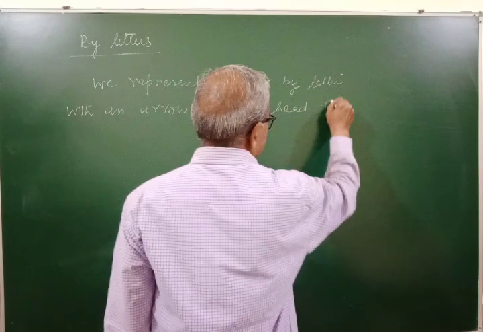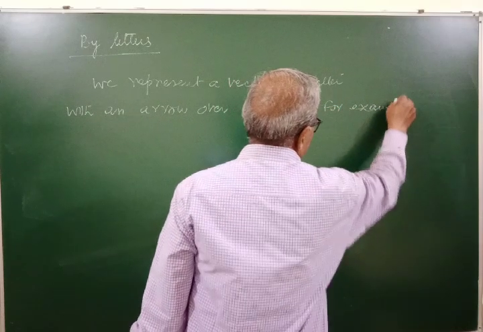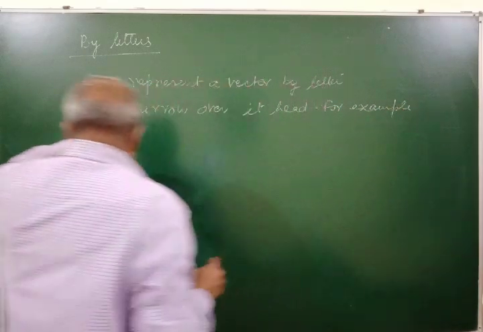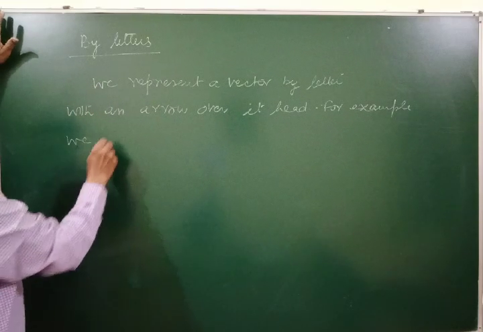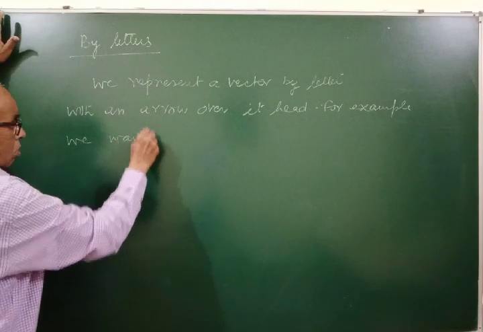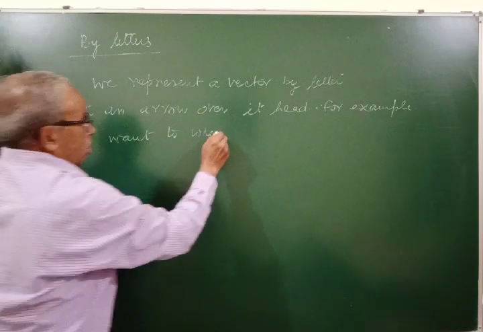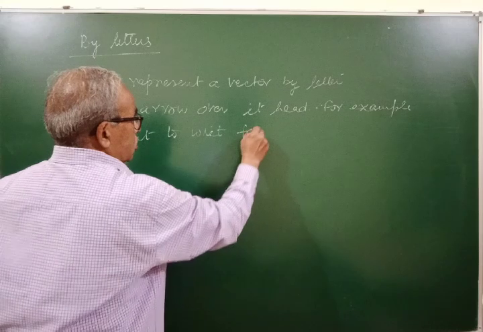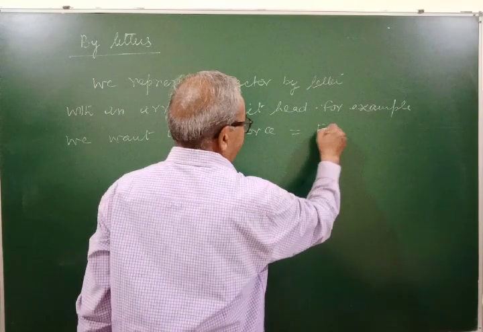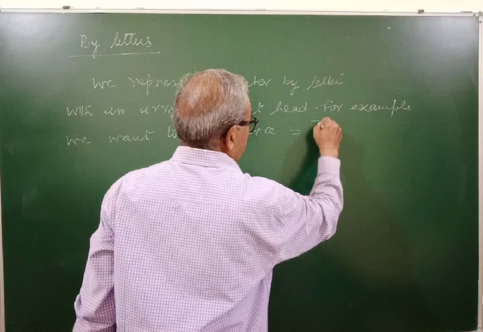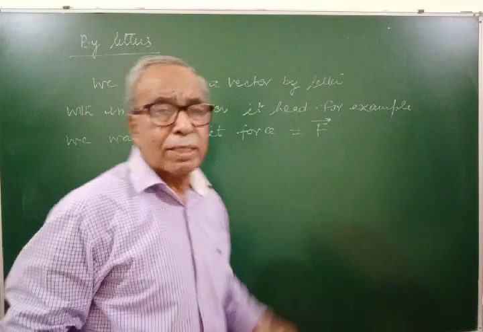For example, we want to write force. So we write force by vector F. Force is a vector, so we will put an arrow here. So this is one method.